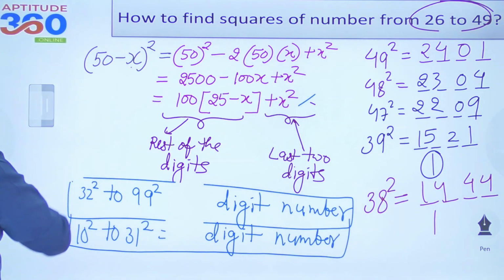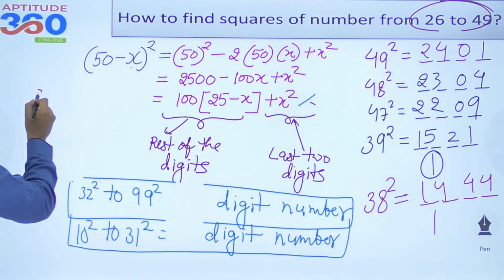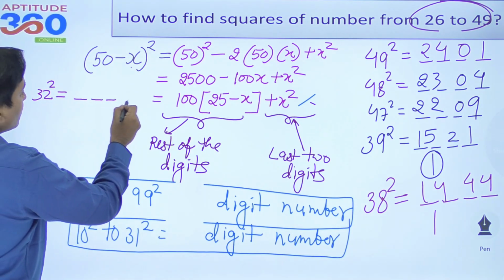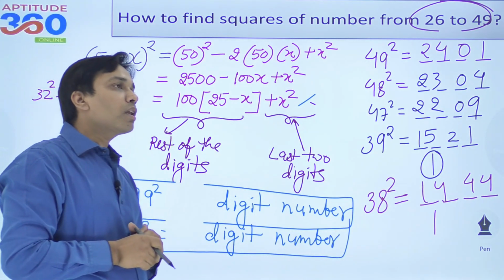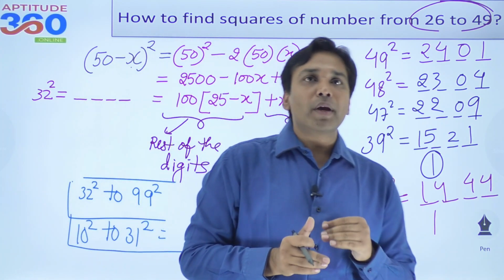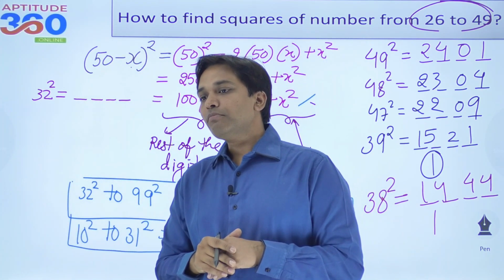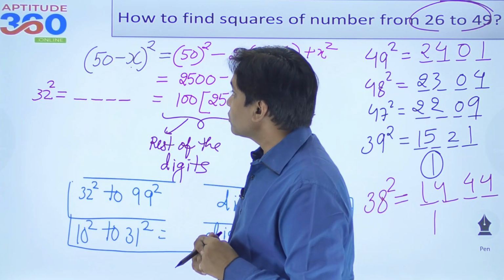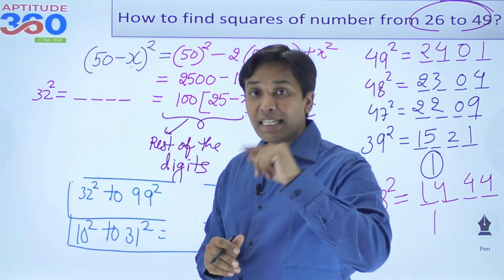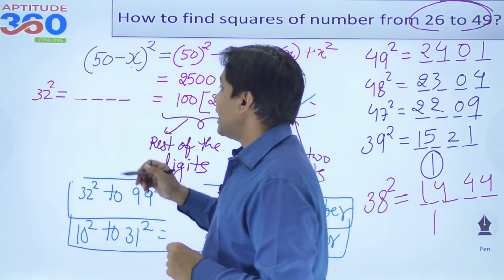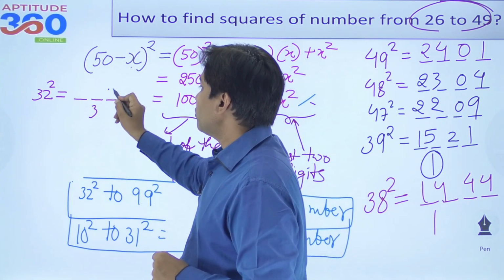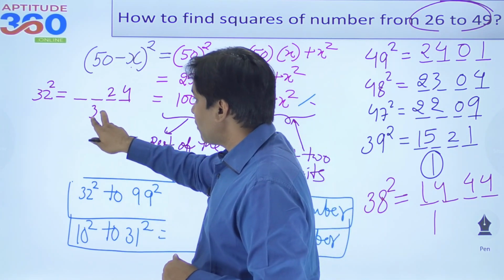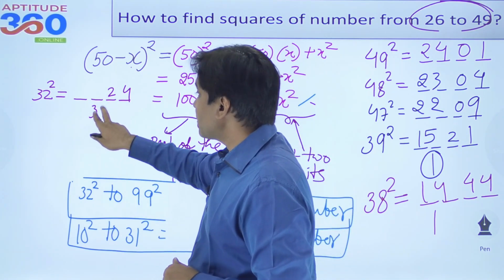One last I will do, and then we will move ahead, which is 32 square. Because I said that 32 square is going to be a 4-digit number. Now 32 square is, my bad, 18 less than 50. And what is going to be 18 square? 18 square is 324. So I'll write it in this way. 3 will come over here, the digit at hundreds place.